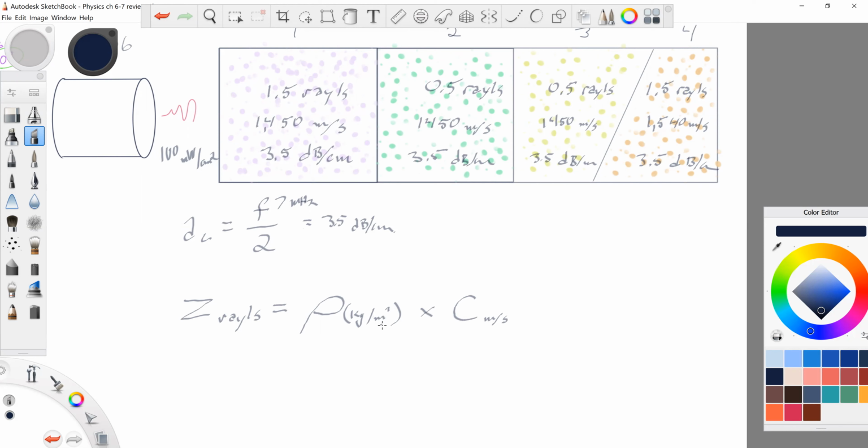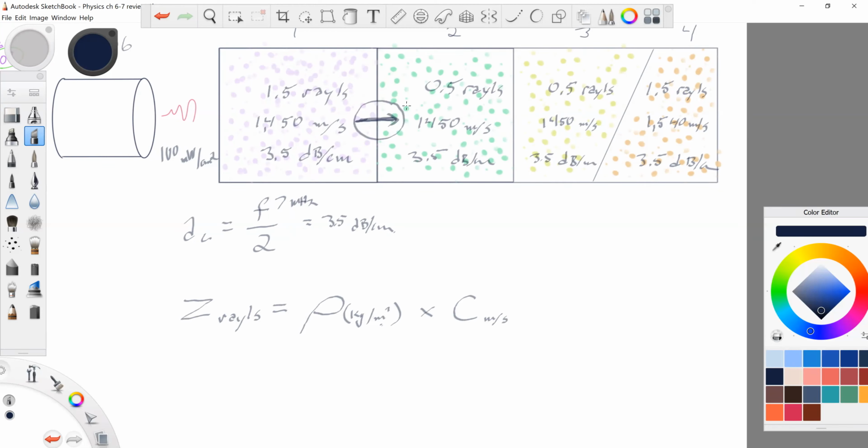5, the incidence between the sound wave and boundary between 1 and 2 is normal. Yep, 1 and 2 is normal. What happens at the boundary between media 1 and 2? Well, there's transmission. Let's see, 1.5 rayls and 0.5 rayls.